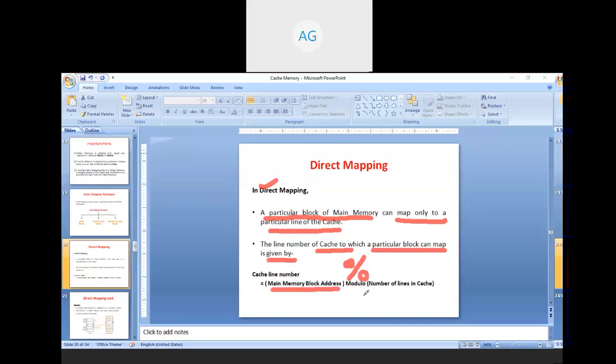This is the formula for calculating to which line in the cache memory a block from the main memory is mapped. Let's discuss it with an example in the next slide.